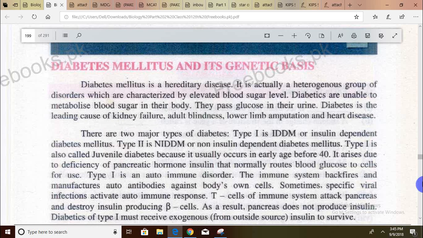And it is believed that the immune system backfires and makes antibodies against the body's own cells, right? So the beta cells are being destroyed, and the beta cells are present in the pancreas in clusters, and these are the ones that make insulin. And sometimes specific viral infections activate the autoimmune disorder.